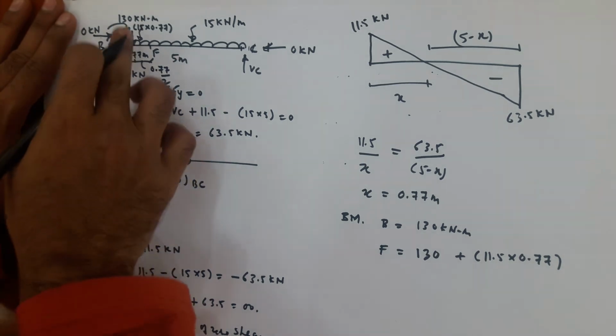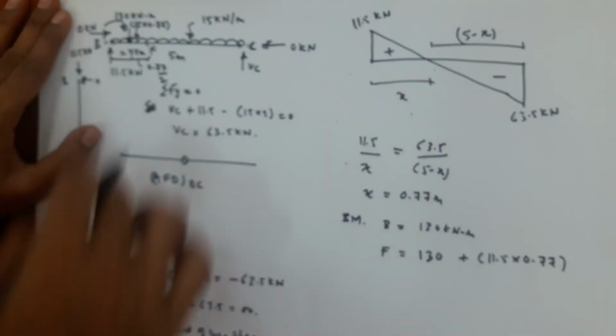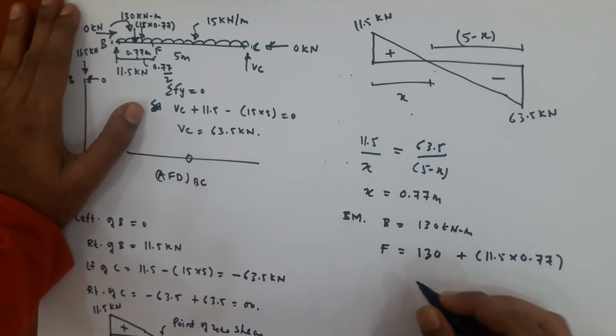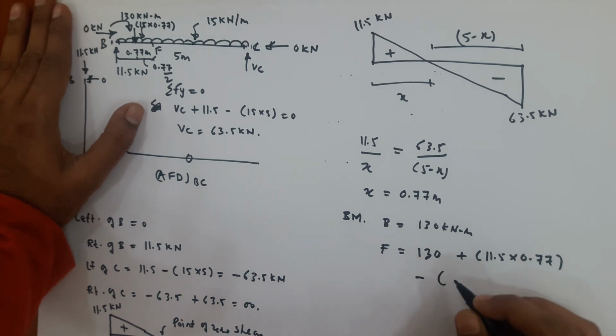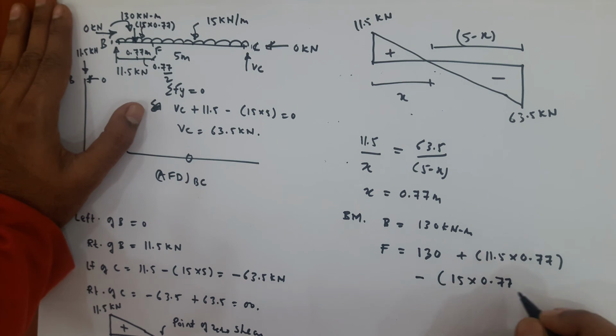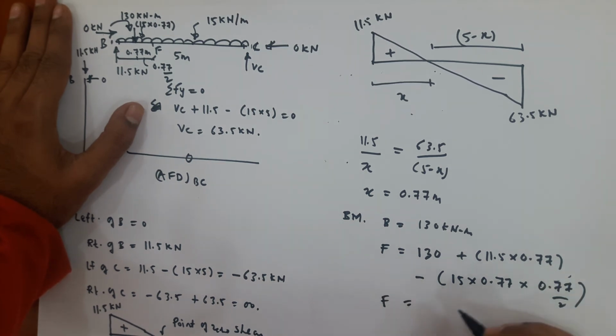This load is creating anti-clockwise moment, so it will be minus 15 into 0.77, the total load, times 0.77 by 2. So bending moment at F, you are getting 134.41 kilonewton meter.